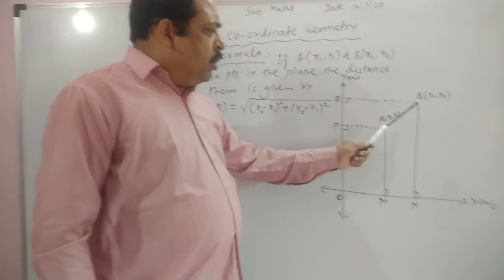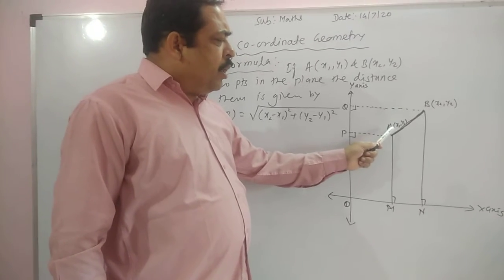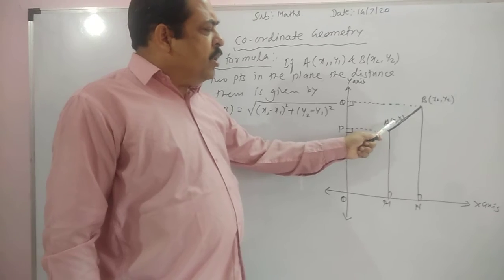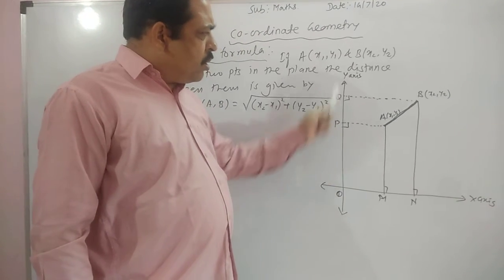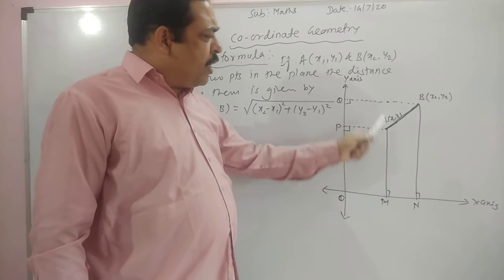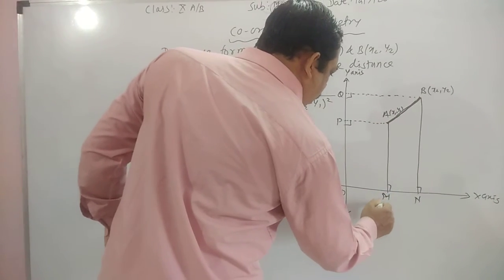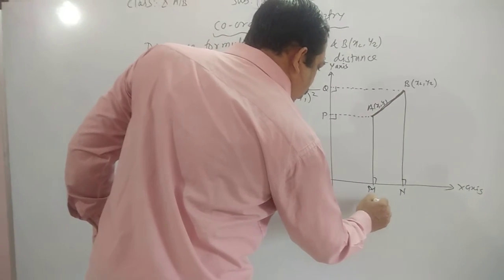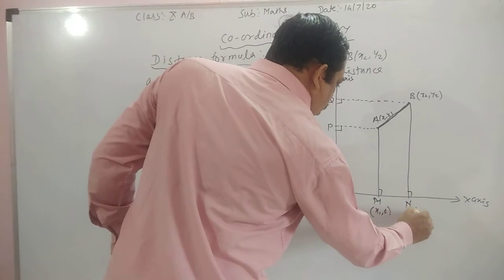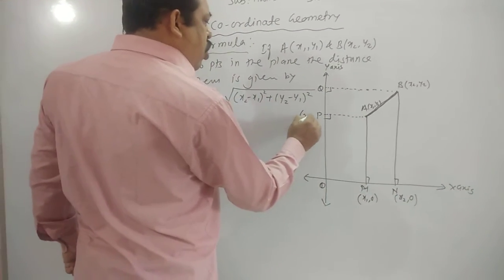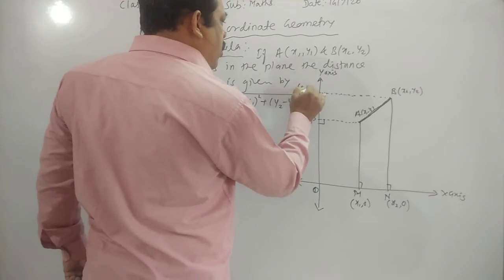OM, the distance of the x coordinate of point A, is x1. It is the distance of the point from y-axis. Point A and point M lie on the same vertical line. Therefore, the point M has coordinates x1, 0, and N has x2, 0. Similarly, P is 0, y1 and Q is 0, y2.